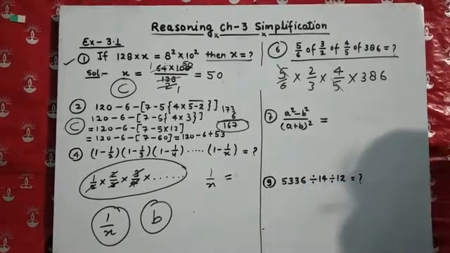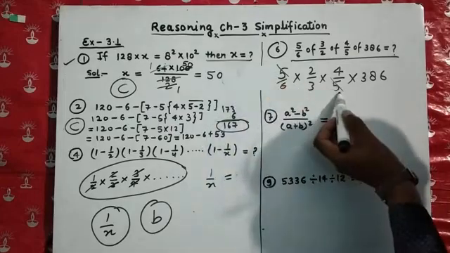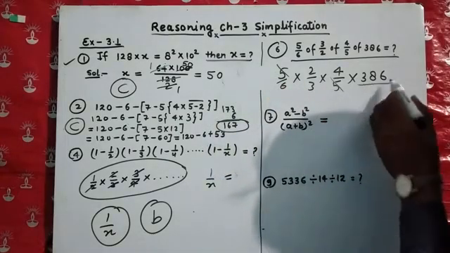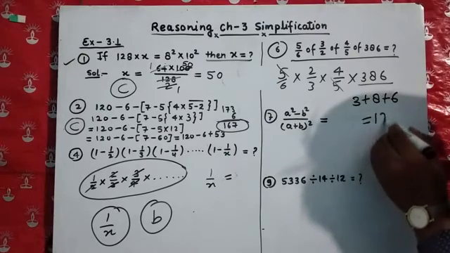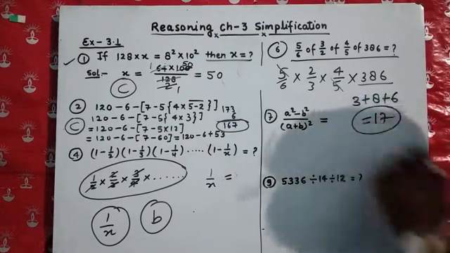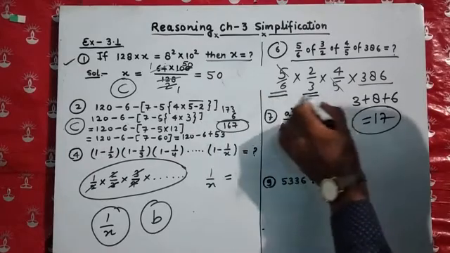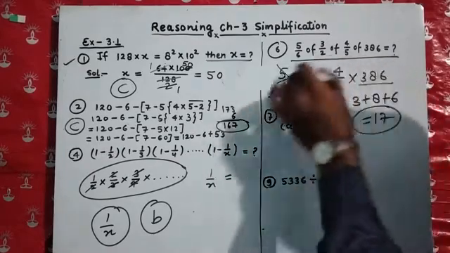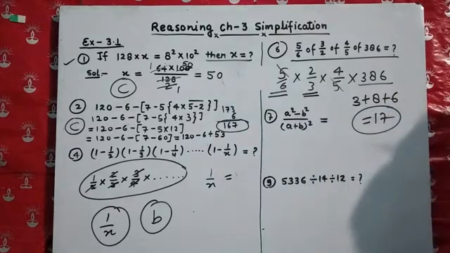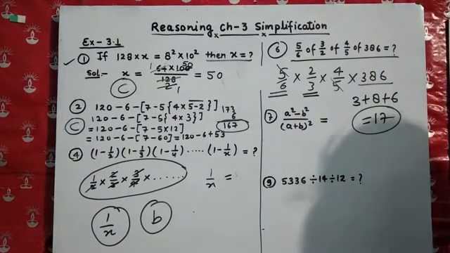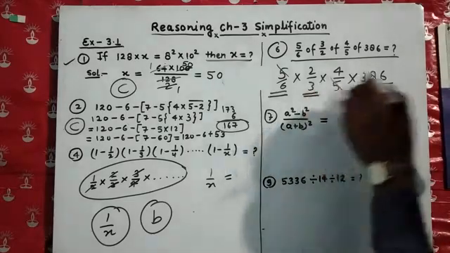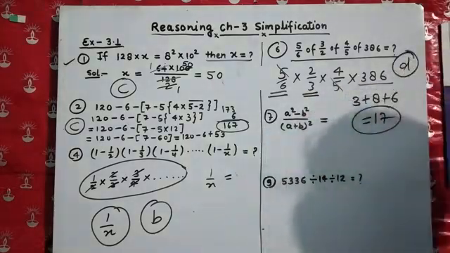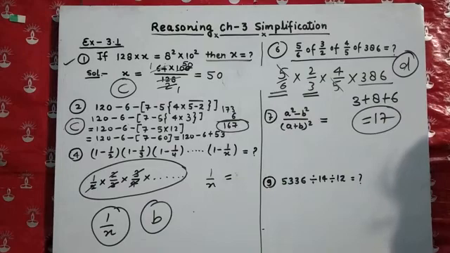As we are watching here, this 5 is reduced with this 5, and now 3 plus 8, 11 plus 6, it becomes 17. So this number is not divisible by 6 and not divisible by 3. That means we will not get the exact result, and none of the given options is correct. So option number D, none of these, is correct.